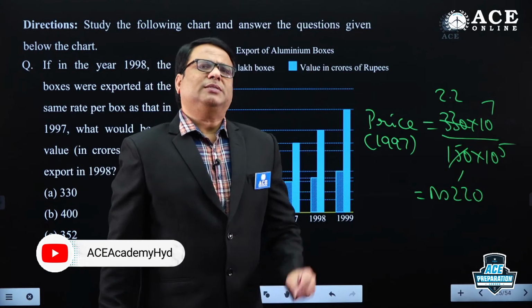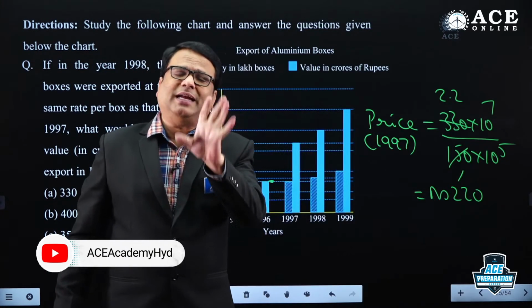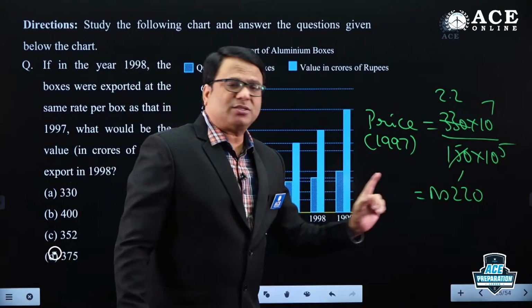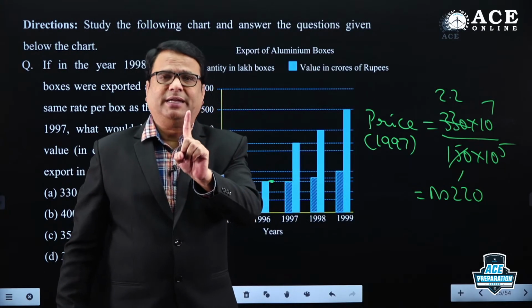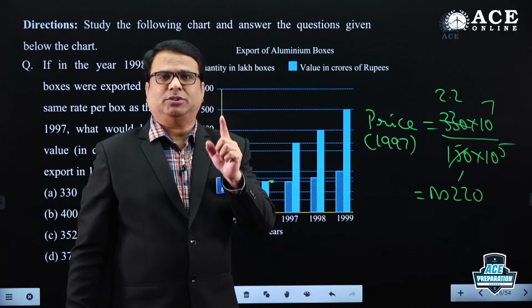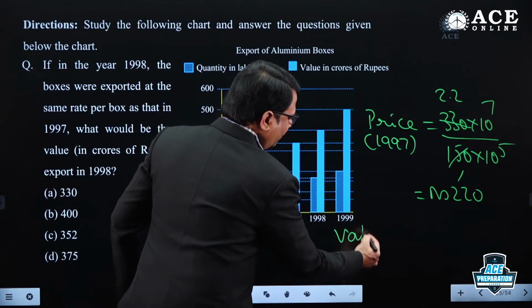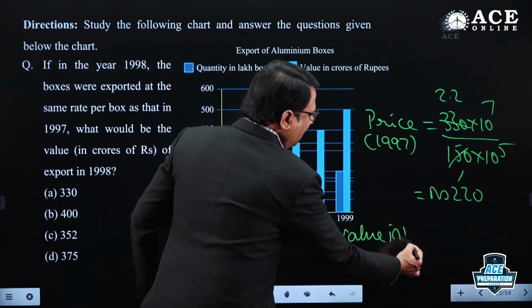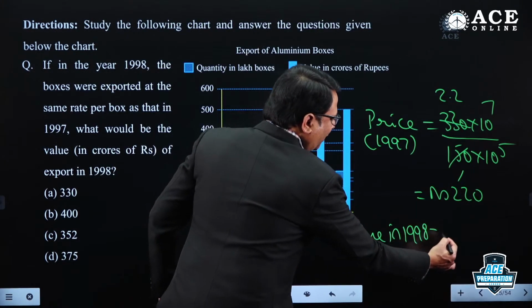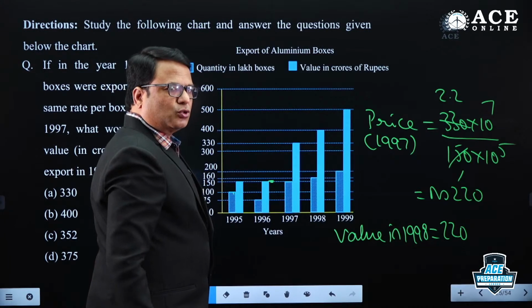Now, suppose the same 220 rupees is charged in the year 1998, then what is the value of exports in 1998? That is the question. So value in 1998: price of each box is 220.